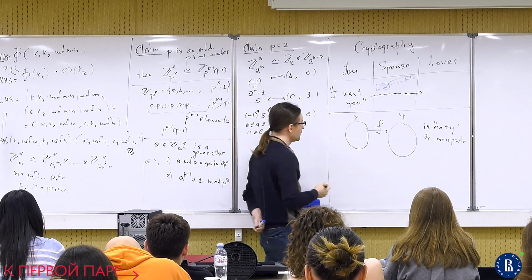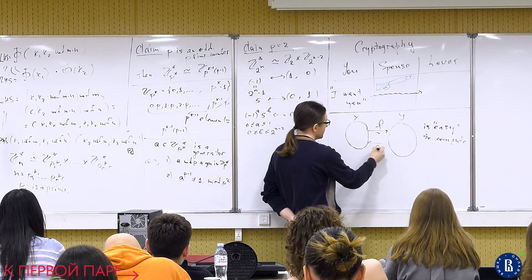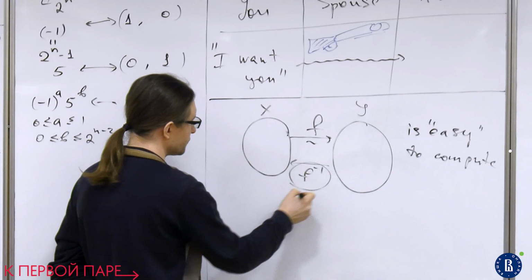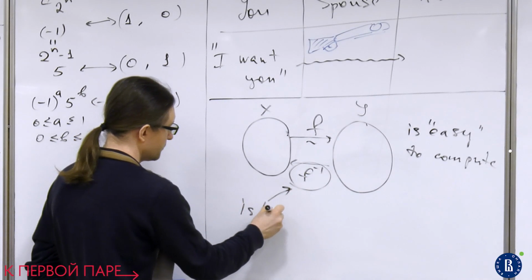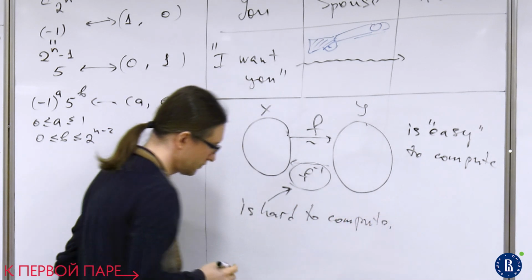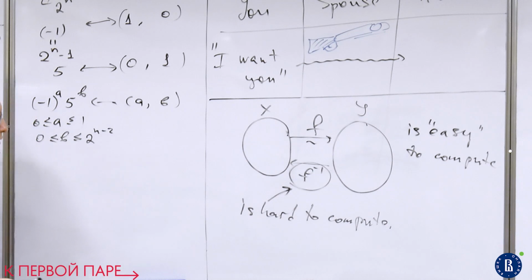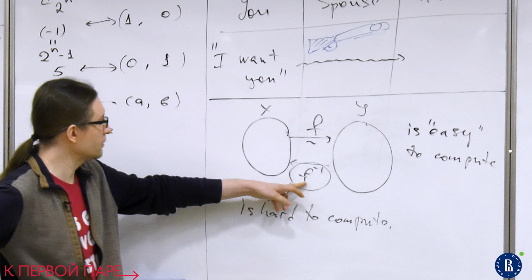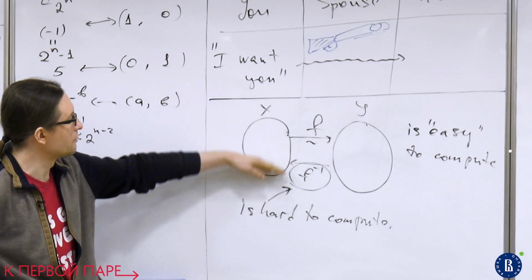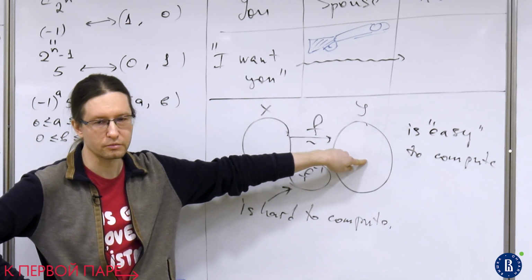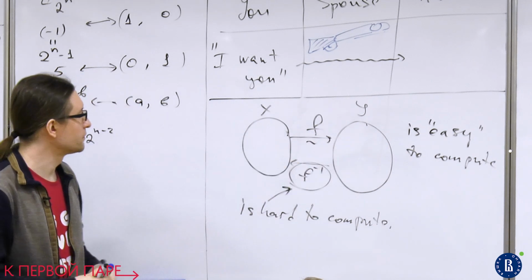But if you try to find the F inverse, this guy is very hard to compute. What do I mean by hard? Well, the only way to compute this thing is to go through the list of all the elements here and just check if this guy goes to the element you want to find the preimage of.